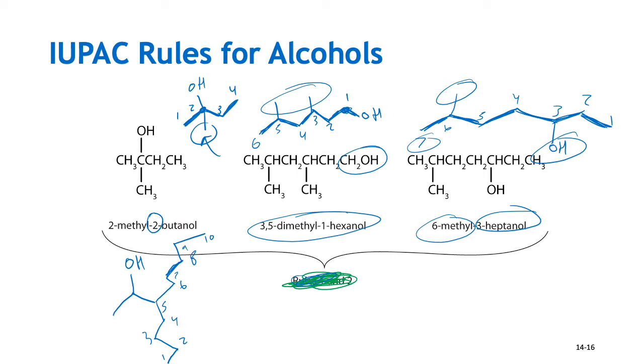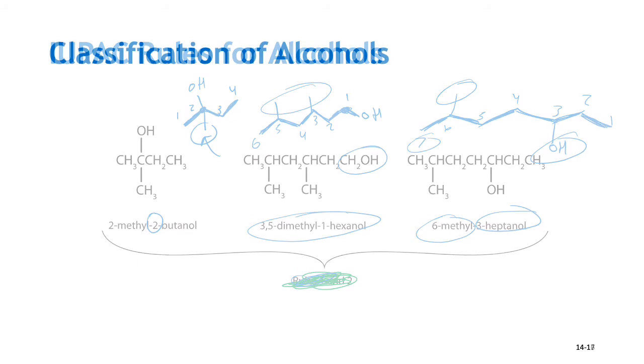But notice that chain doesn't even go through a position where you encounter the alcohol, so that won't work. Okay, it has to go through the alcohol chain. That's all what I'm trying to emphasize by saying that.